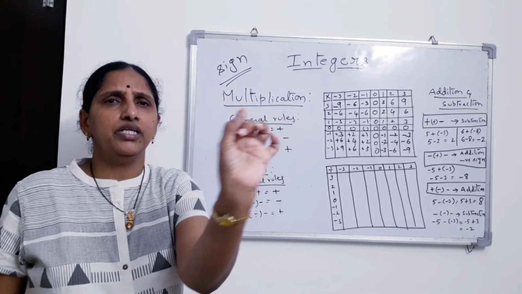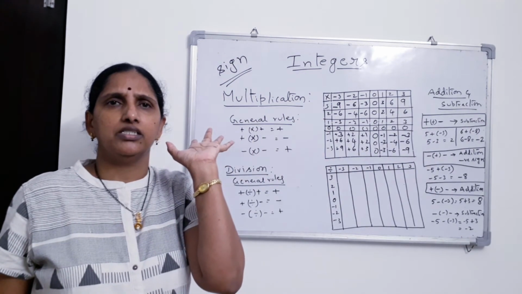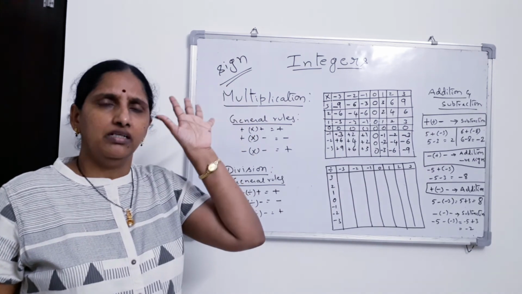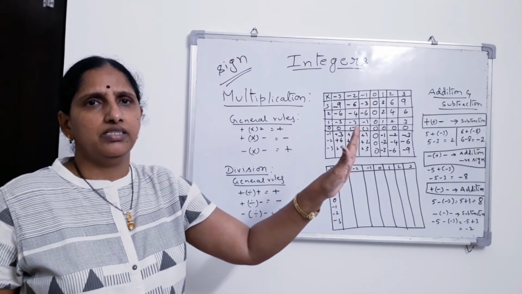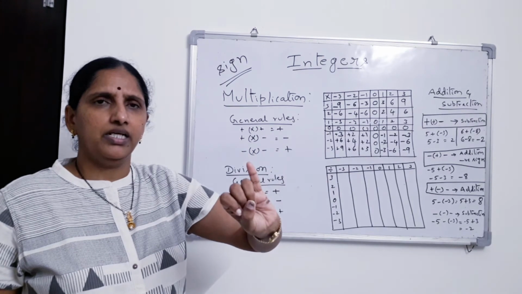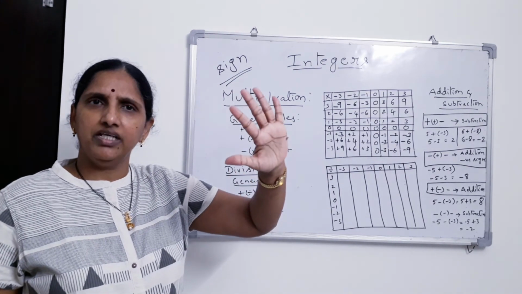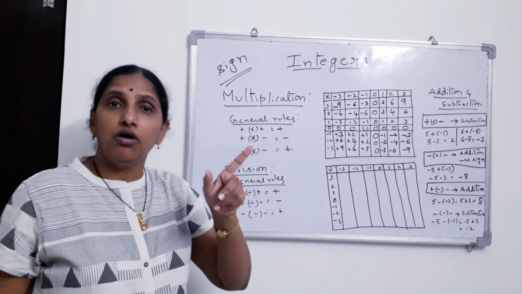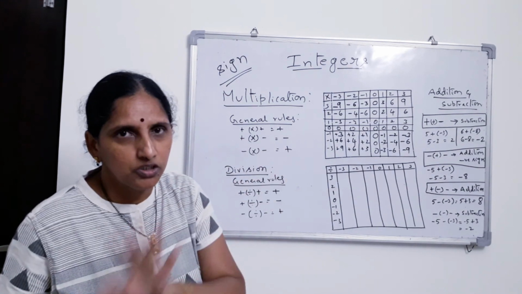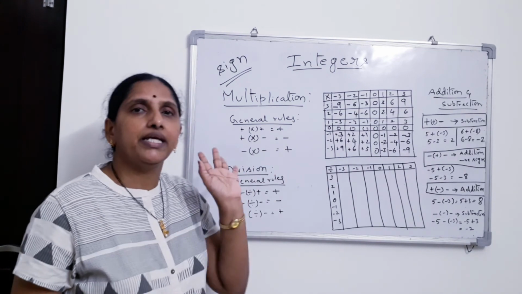Count how many negative integers are there in the multiplication. Suppose there are an odd number of negative integers, that means maybe 1 negative, 3 negatives, 5 negatives, 7 negatives, you know odd number, right? Then the product is going to be negative.